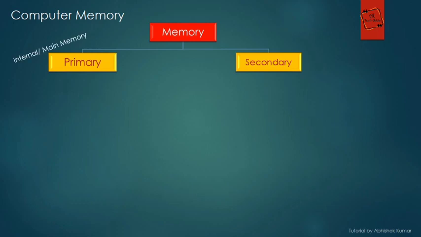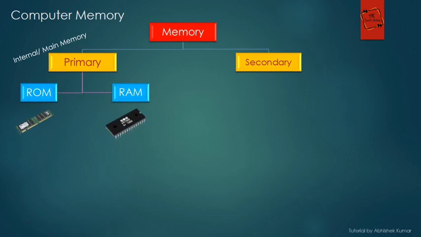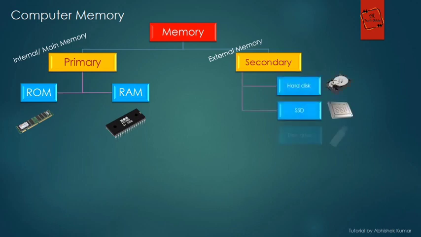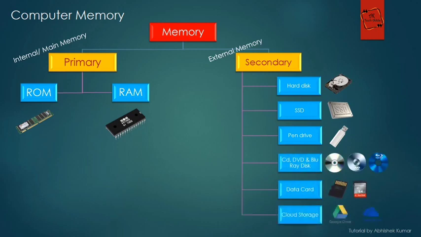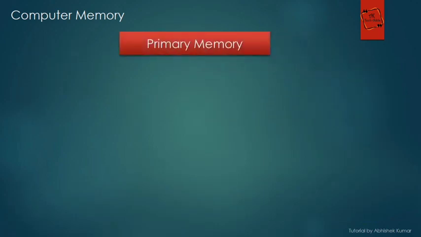It is of two types, RAM and ROM, whereas secondary memory is also known as external memory, and it stores the information or data permanently. It has many types like hard disk, SSD, pen drive, CD, DVD, Blu-ray disc, data card, cloud storage, and so on. Let's know about these devices individually.